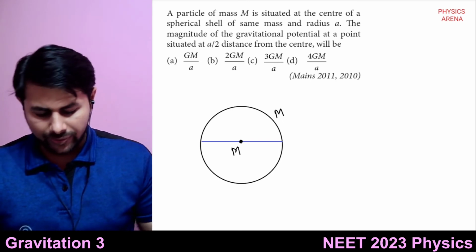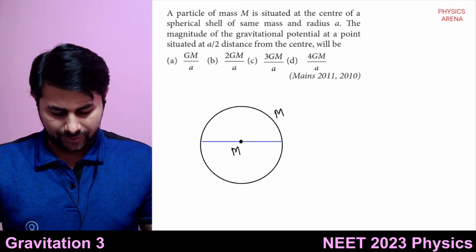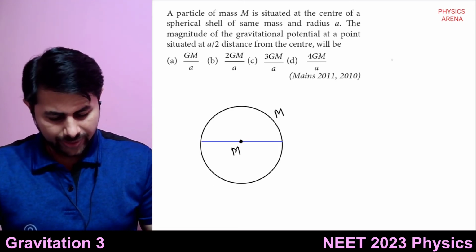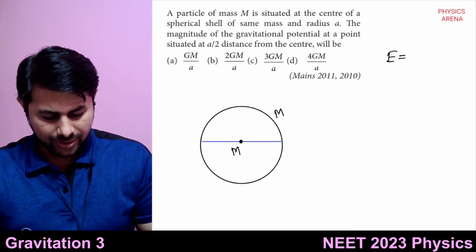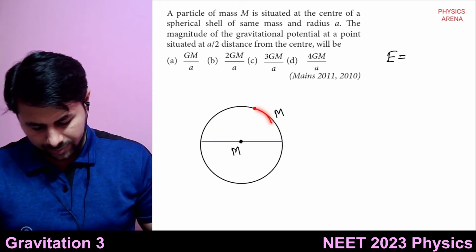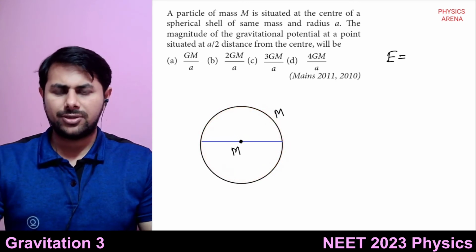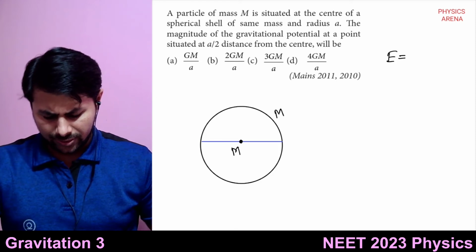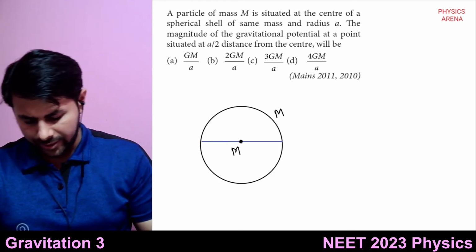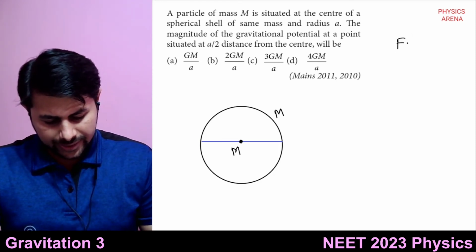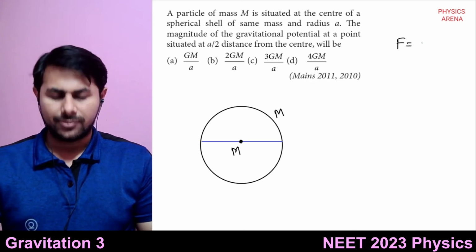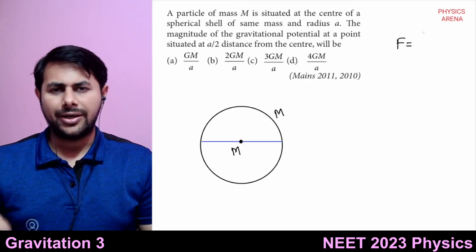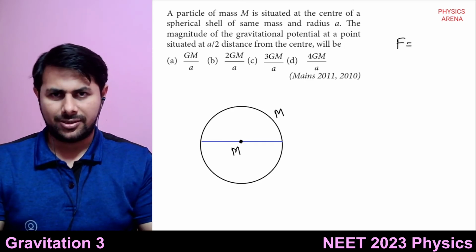Okay. Why is that? What's the reason? So see, the gravitational field inside the shell is equal to 0. We had discussed that. Okay. The shell doesn't exert any gravitational force on any mass which is kept inside it.